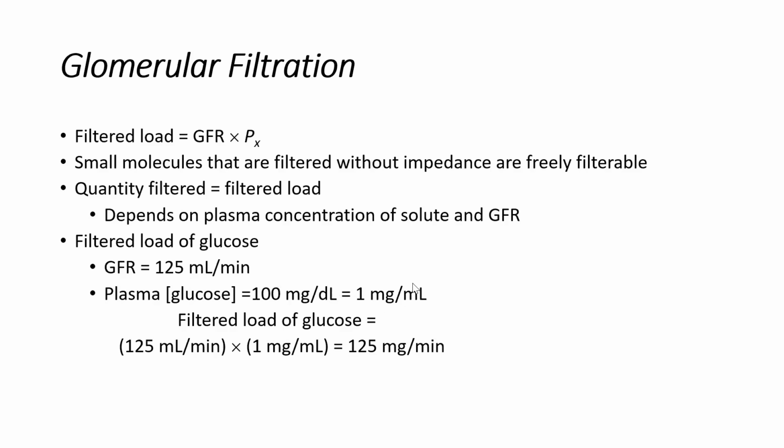And so we simply multiply our plasma concentration, which is 1 milligram per milliliter, by our GFR, 125 milliliters per minute, and that gives us a filtered load of 125 milligrams per minute. In other words, if I have a normal concentration of glucose in my blood, 125 milligrams of glucose is filtered across my filtration membrane per minute, okay?